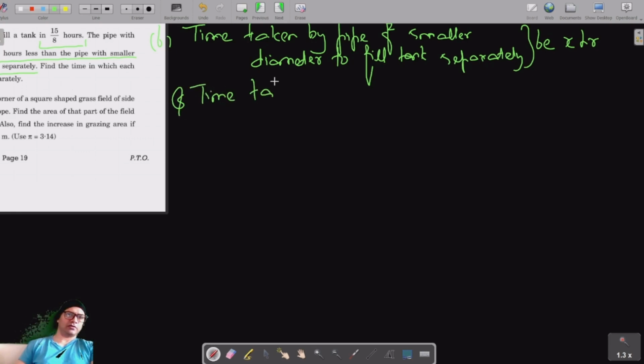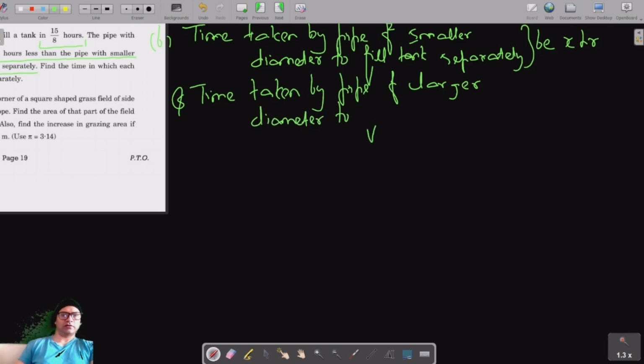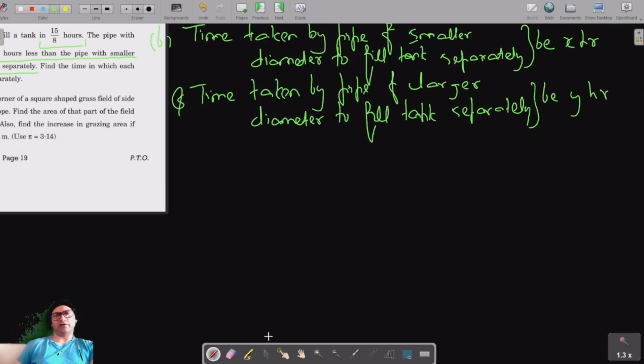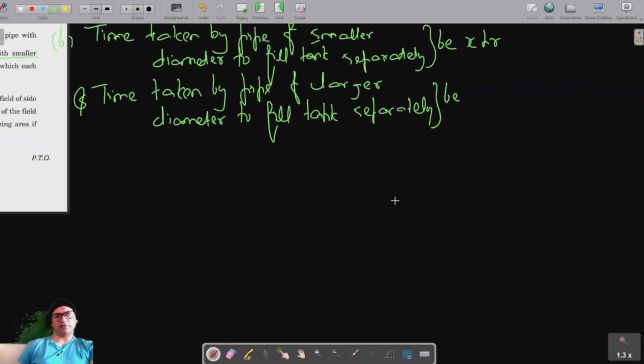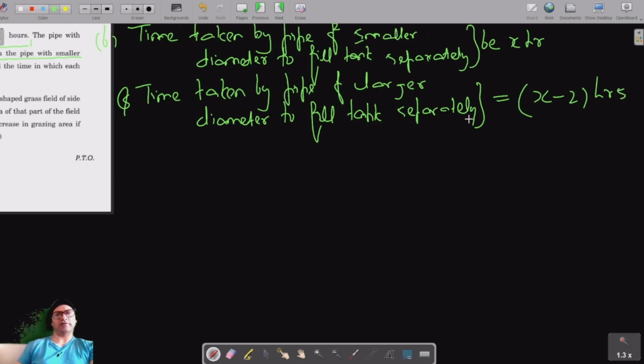And the time taken by the pipe of larger diameter to fill the tank separately, so it's not y hours, it's given that it takes 2 hours less, so this is now equal to x minus 2 hours.